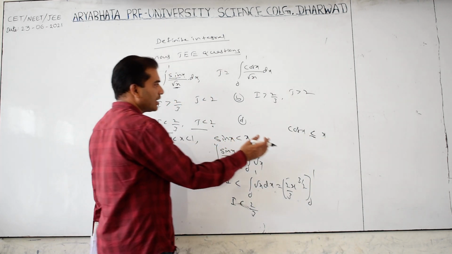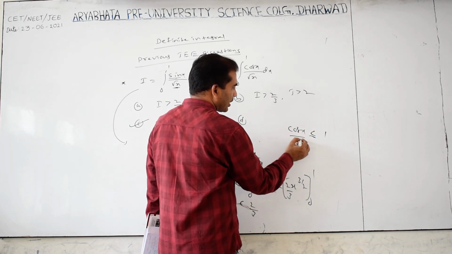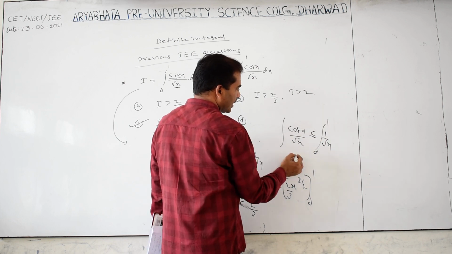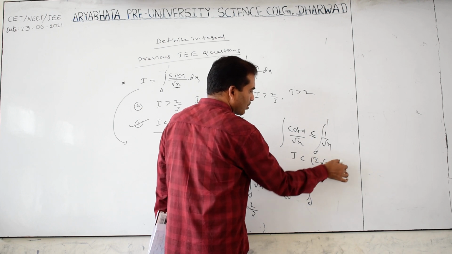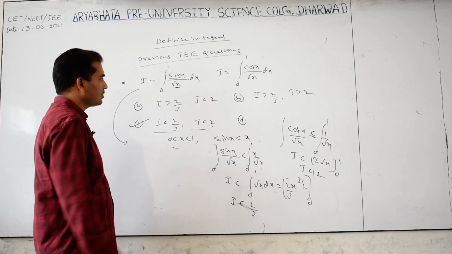Or you can take cos x less than 1 and write it less than 1, then divided by root x, from 0 to 1. Then J is less than the integration of 1 by root x, which is 2 root x, limits 0 to 1. So J is less than 2, this option is right.